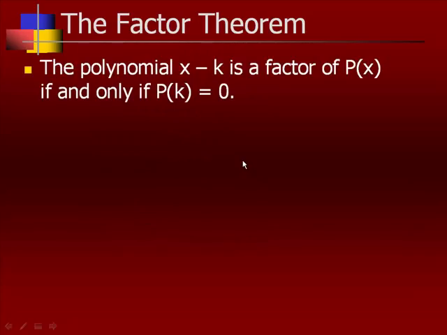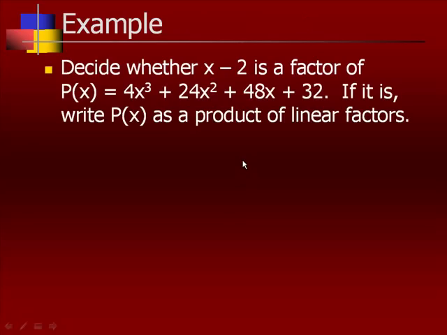Now the factor theorem says the polynomial x minus k is a factor of p of x if and only if p of k is equal to 0. So use that to decide whether x minus 2 is a factor of p of x. If it is, write p of x as a product of linear factors.